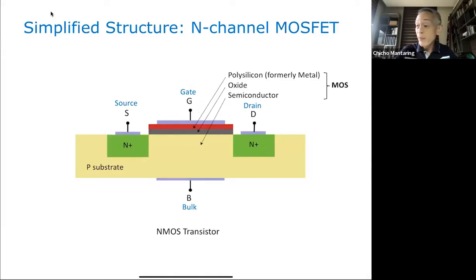So the capacitor terminals are actually the gate and the substrate, or what we call the bulk. So this is your simplified structure of an N-channel MOSFET. Now, the reason why we call it N-channel, you're going to find out soon. Okay, are there any questions with regard to this construction?